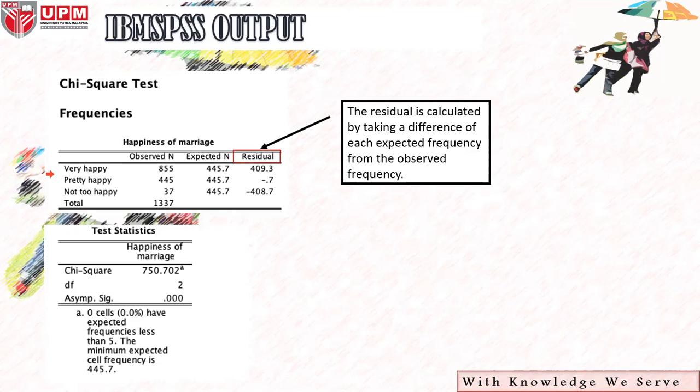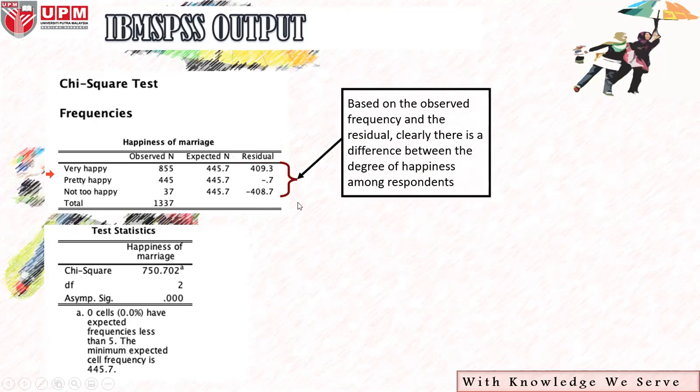Usually to see the difference is easy, no need for us to manually calculate, we just refer to the residual. The residual indicates how much the difference is between the observed and expected. Based on the residual values, we can clearly see there is a difference in the degree of happiness among respondents.